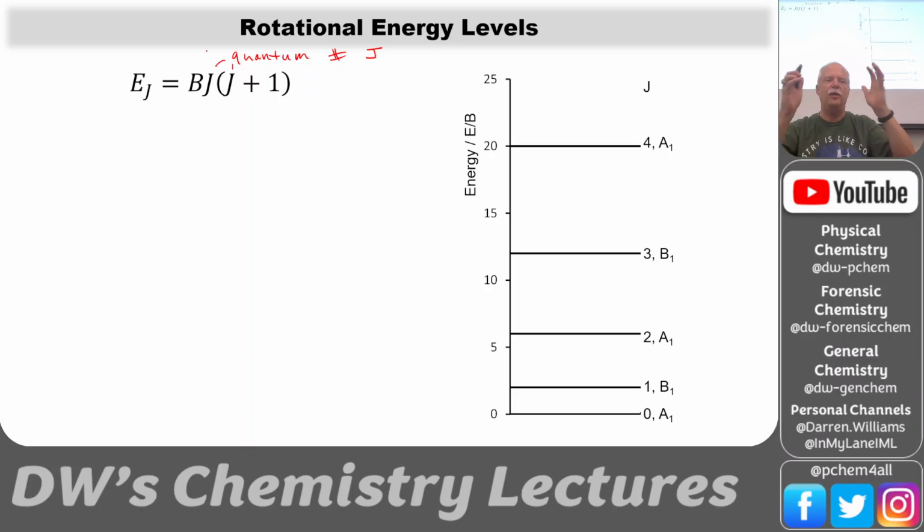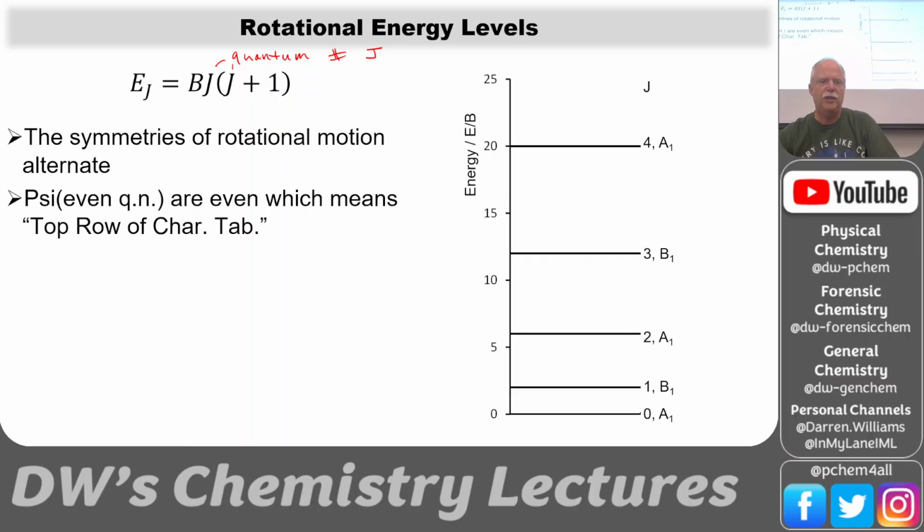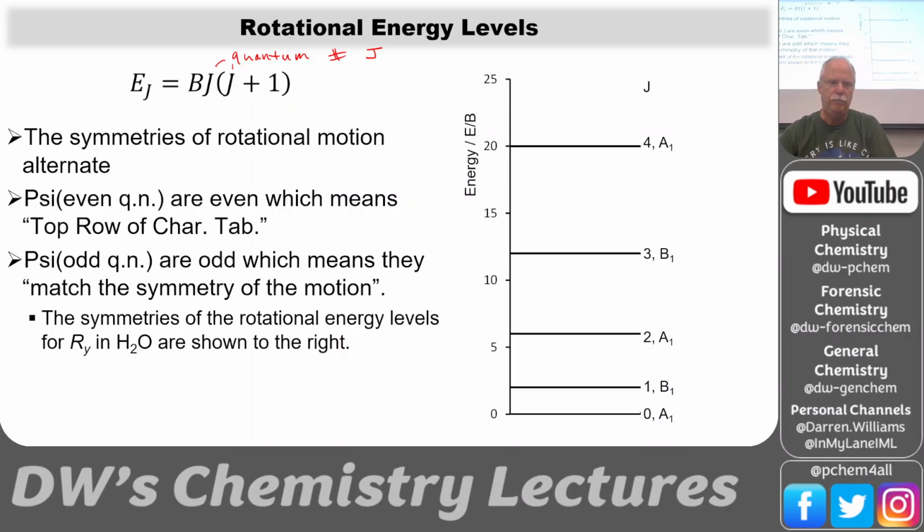That has the moment of inertia, which is like the mass of the molecule that's rotating around the axis, etc. And notice over here these particular motions. So the rotational motion alternates. So it starts out with even top row.